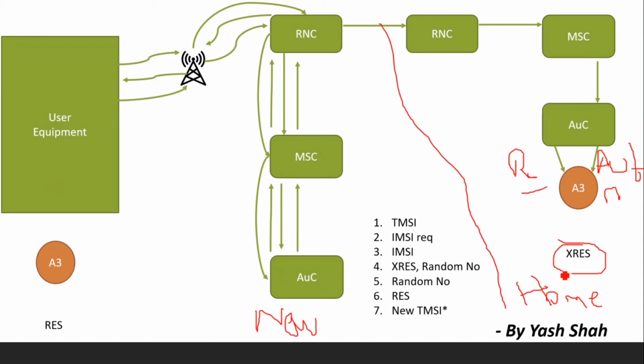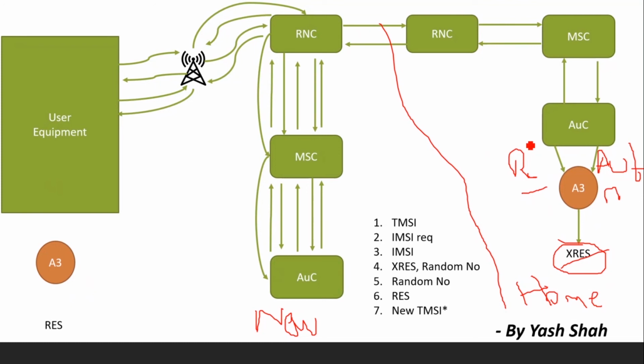Both the random number and XRES are sent to the new network's authentication center, and the random number is sent to the user equipment. Just the random number.